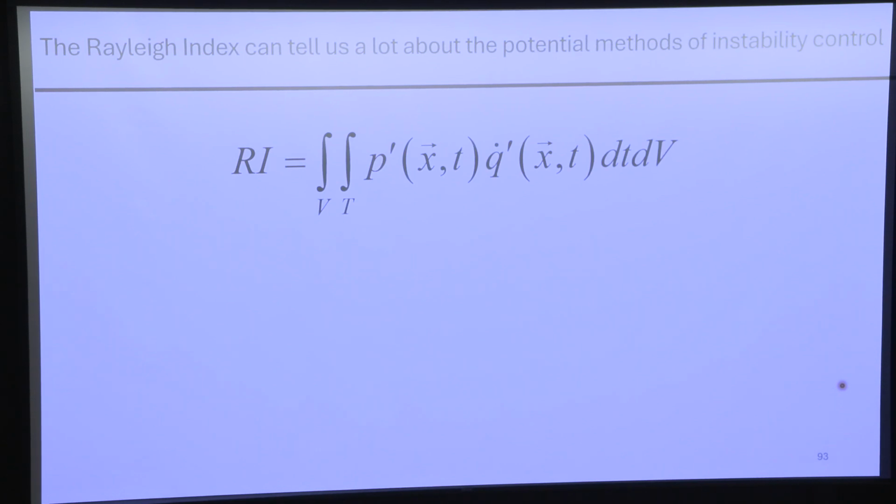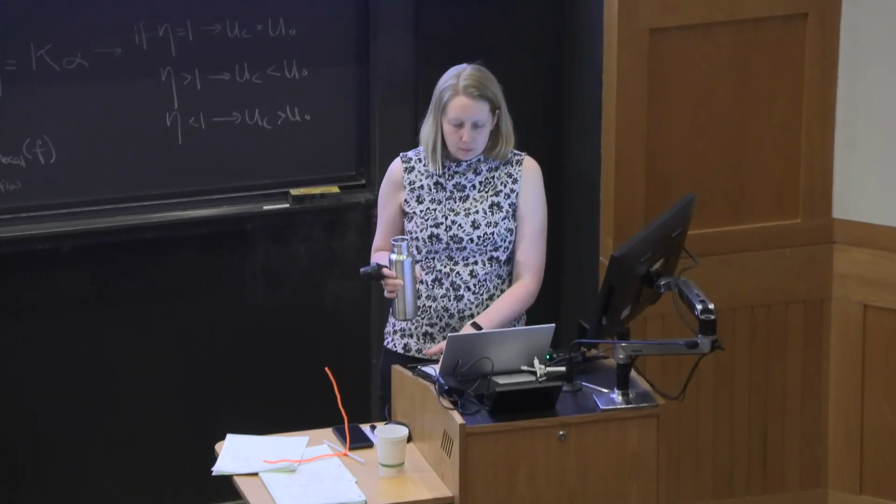And so I think it's very instructive to go back to the Rayleigh index, which was an equation we talked about at the very beginning of yesterday, to look at the different terms and ask, how could I modify these to suppress the instability?